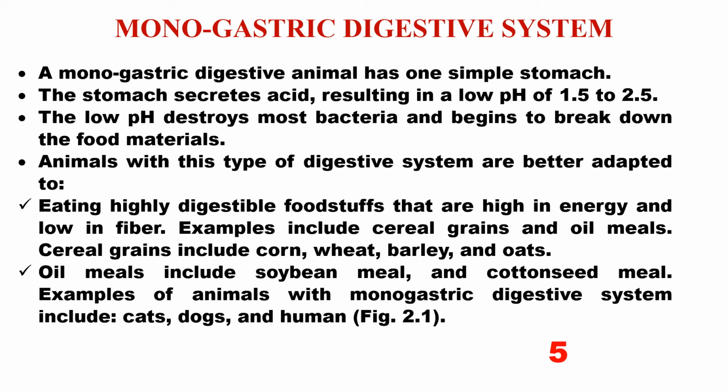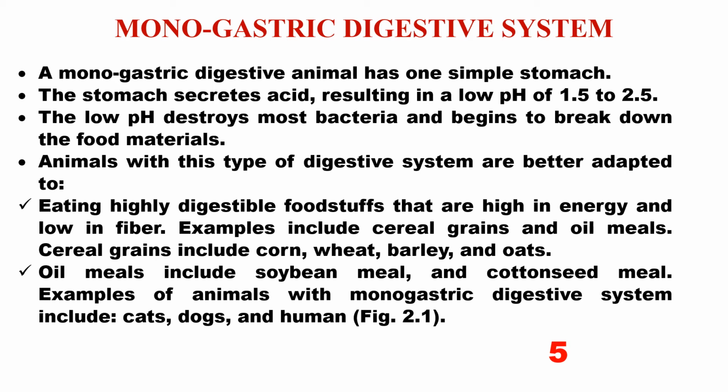So monogastric organisms have hydrochloric acid in their stomach, and that hydrochloric acid regulates the pH of the stomach to range between 1.5 and 2.5. Such pH also ensures the breaking down of the food materials.